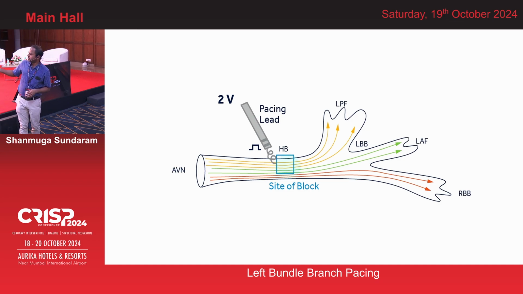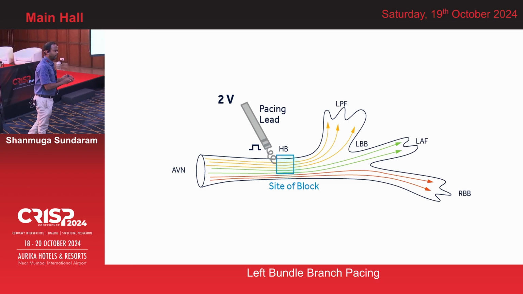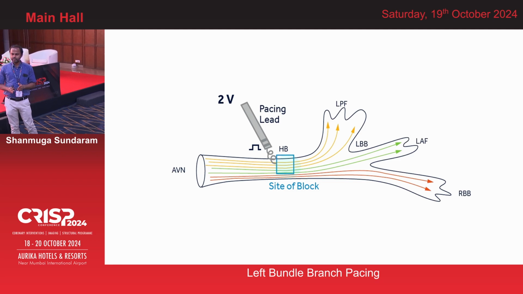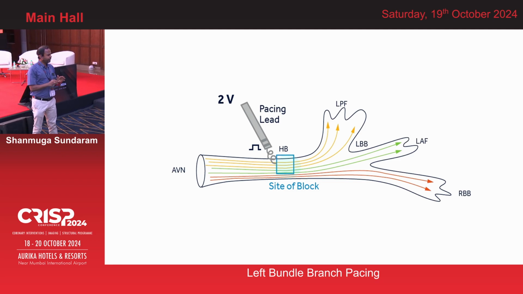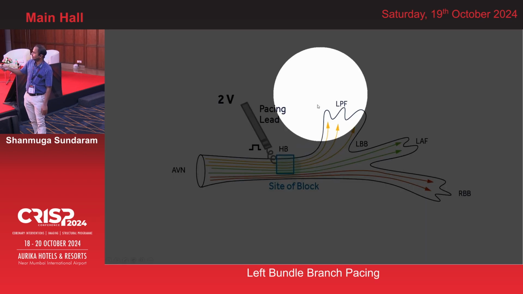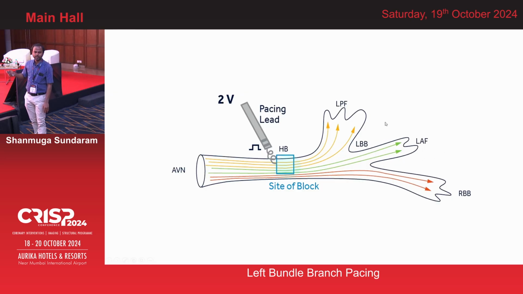I've given some special color markings for the fibers inside the His bundle. That means that the fibers inside the His bundle are longitudinally dissociated. All these fibers are predestined. That means that this yellow fiber will go only into the left bundle and these red fibers will go only into the right bundle.